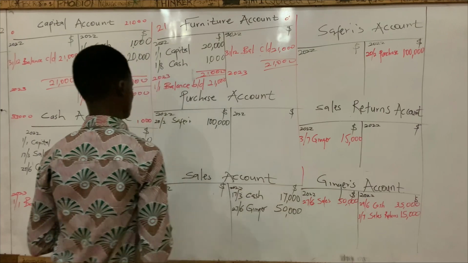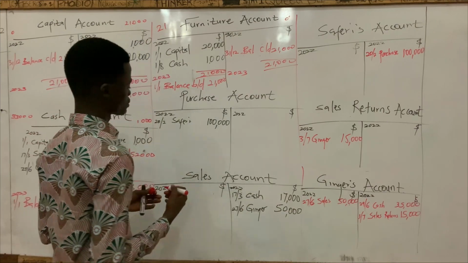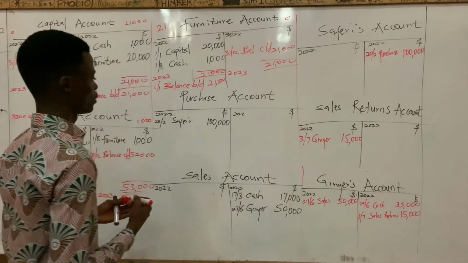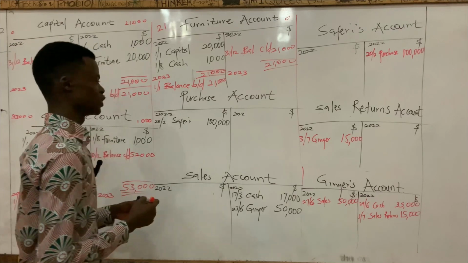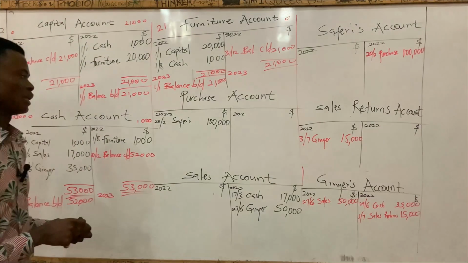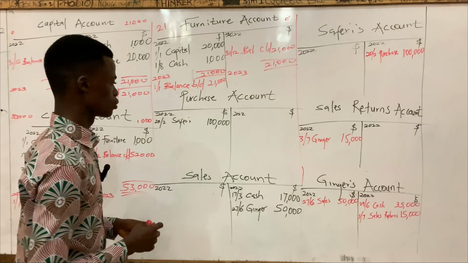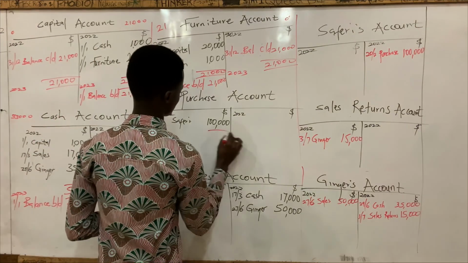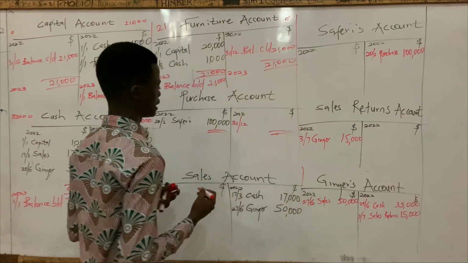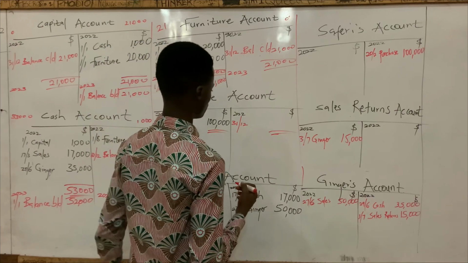2023. Okay, so in Safari's account, since there is only one entry on the debit side, that will be the total of the debit entries, and that will be the greater total. So we close both sides with $100,000. You can just rule two lines under it to show that the account has been closed.